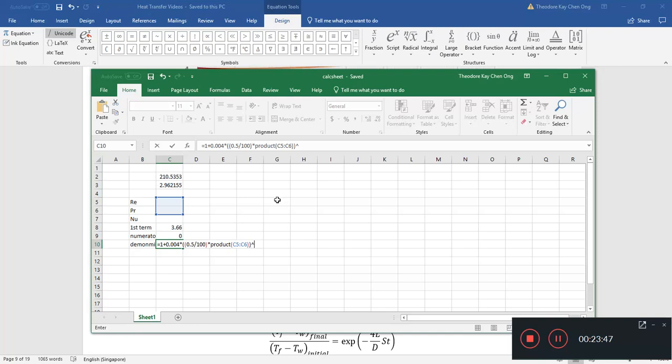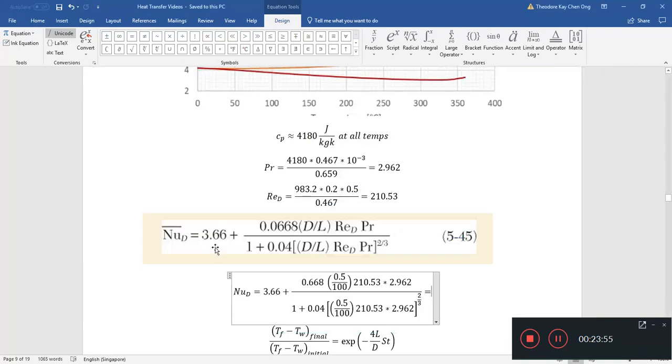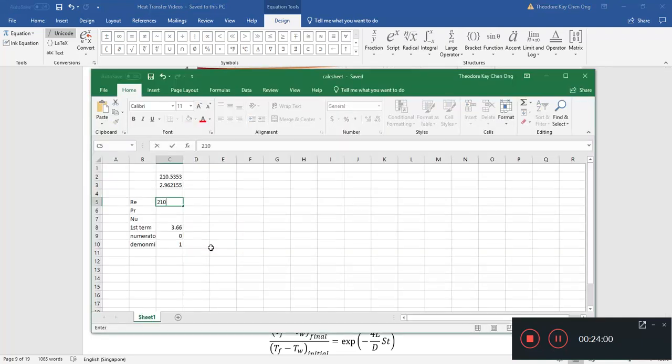And then this will be to the power of 2/3. Let's put in our Reynolds and Prandtl number, 210.53, 2.962. So the Nusselt number will be this plus the numerator divided by the denominator.